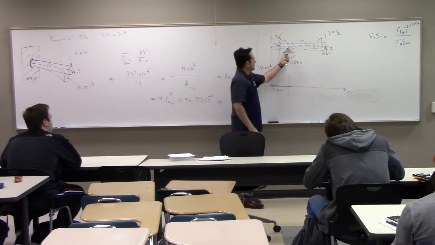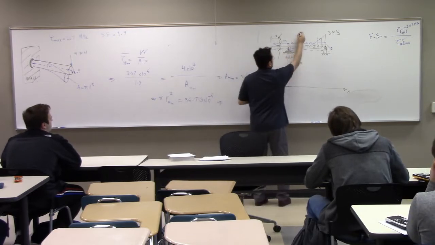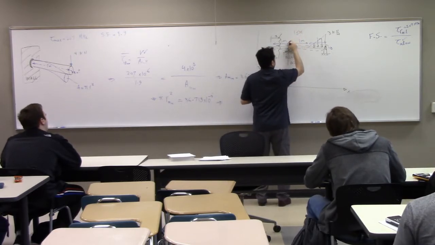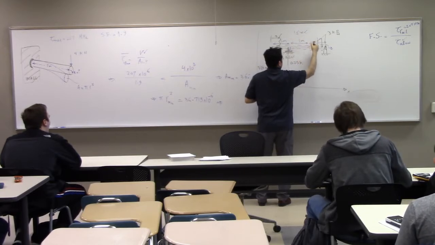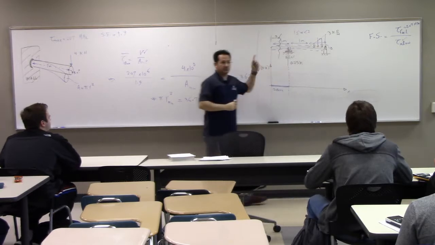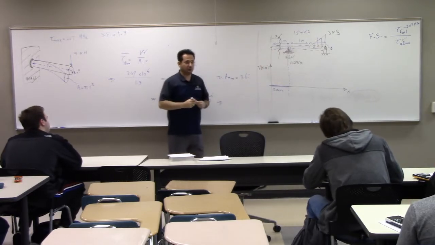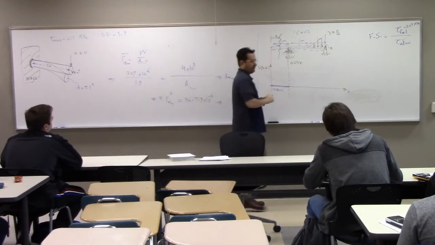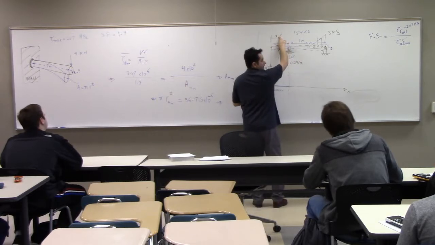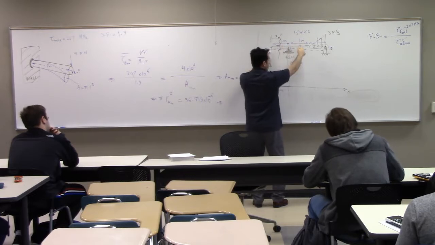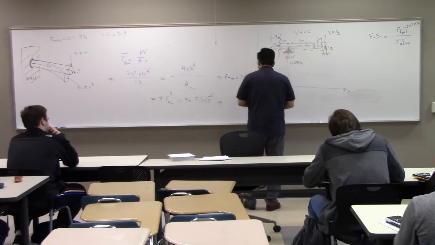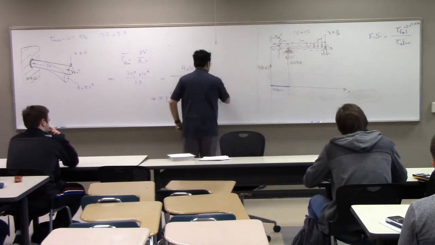Now I go to x between 1 and 2. Okay? What should I do? Again, make your FBD. New system right now, you see you're moving this cut to right here. So you have a new cut, new system, so you have to draw your new FBD.